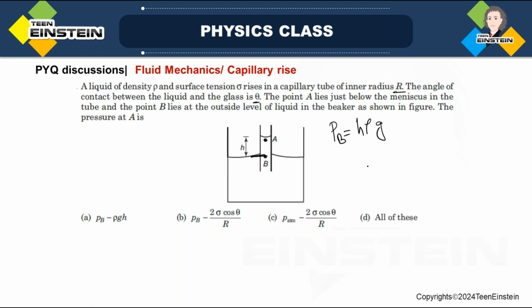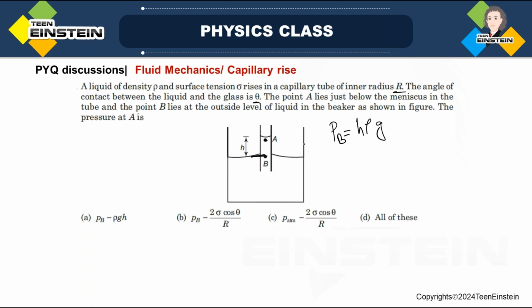Generally, for this capillary height, what do we write? See, atmospheric pressure is H rho G, and the pressure at PB is atmospheric pressure.